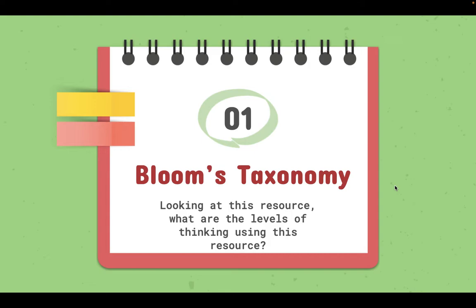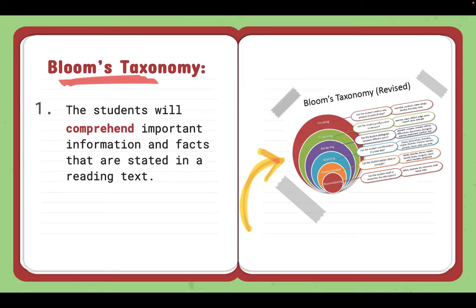All right, so getting into Bloom's taxonomy, looking at which levels I think are reached while using these resources. After evaluating it, I think this resource is very low on the Bloom's taxonomy end, because a lot of it is just presenting the information to the students.